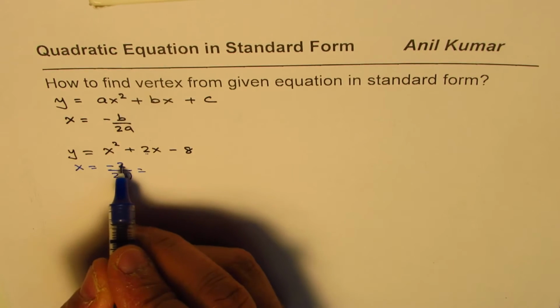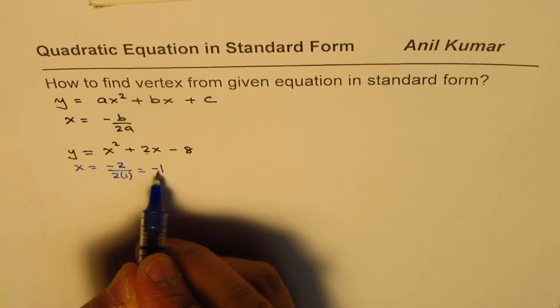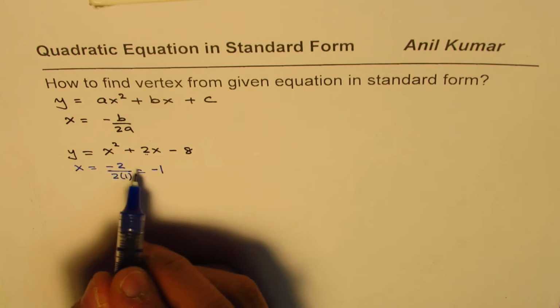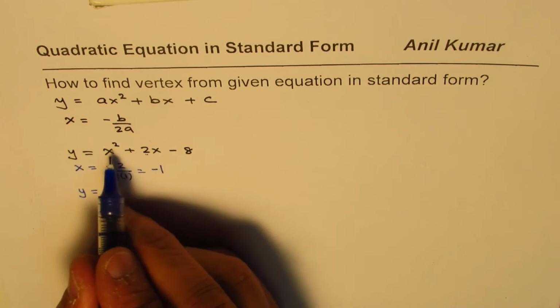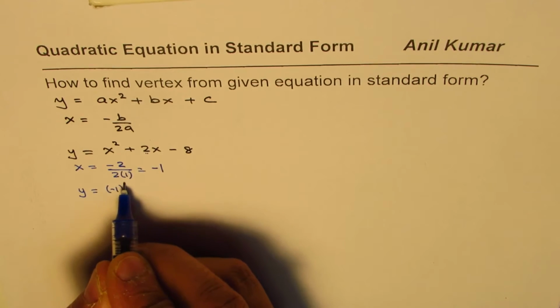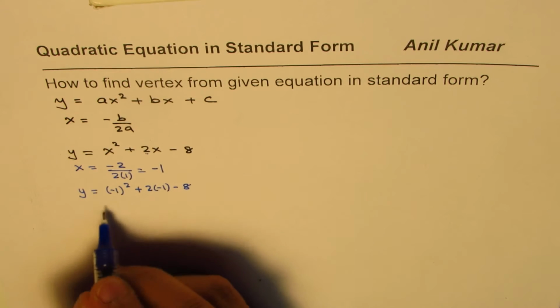Okay. So minus 2 divided by 2 is minus 1. So the x value is minus 1. If x is minus 1, what is y? I'll substitute this value minus 1 here: minus 1 squared plus 2 times minus 1 minus 8.